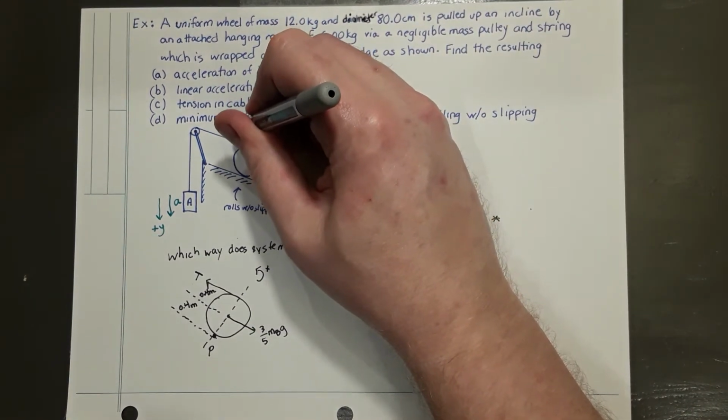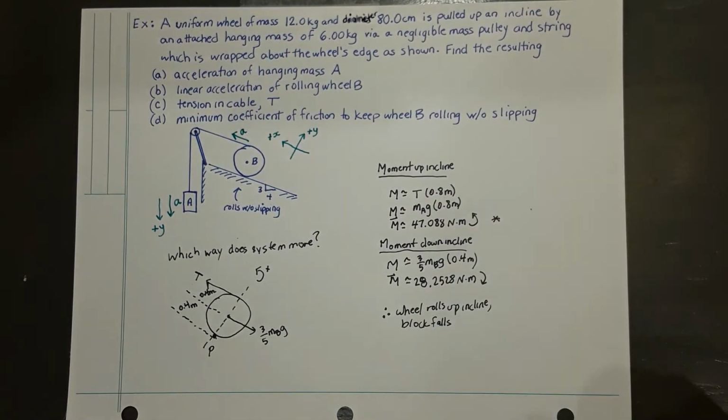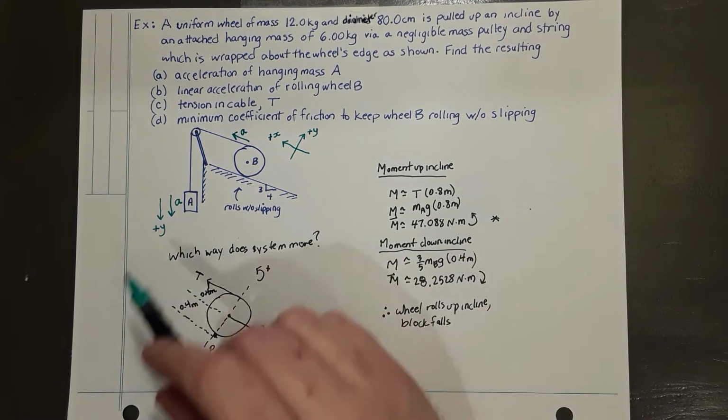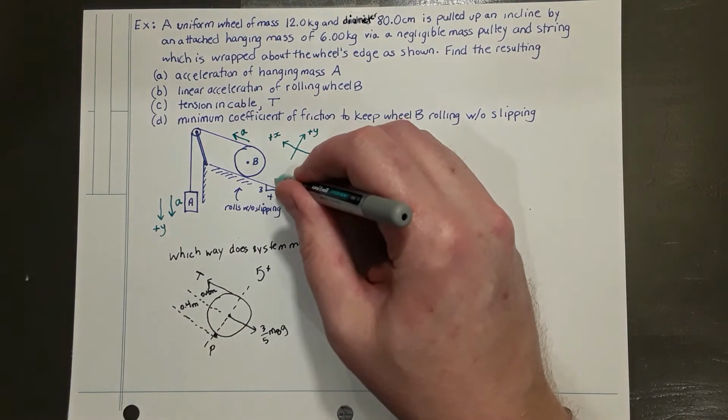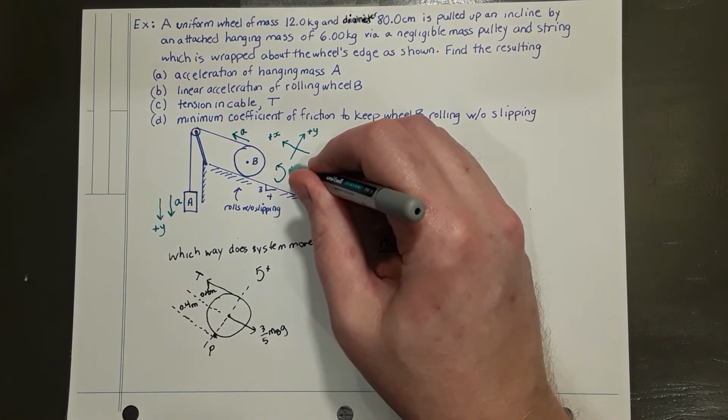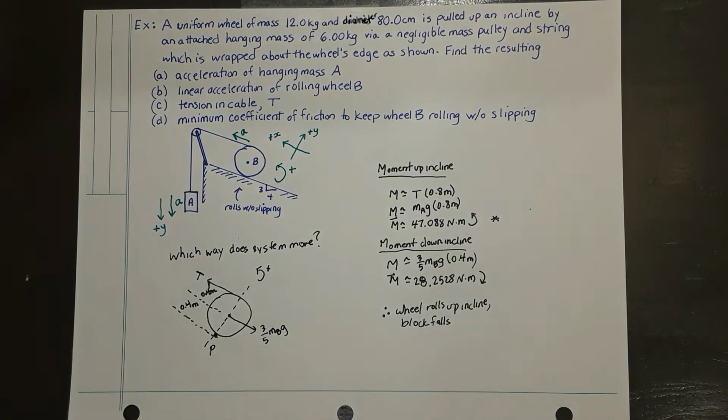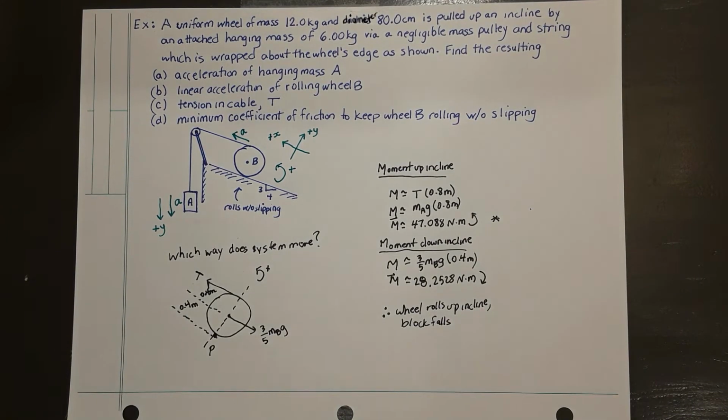The acceleration of that connected cable has to be the same as the acceleration of block A. And that's going to cause the wheel to roll in a counterclockwise direction, so I'm going to choose counterclockwise to be positive. So this is the first step.